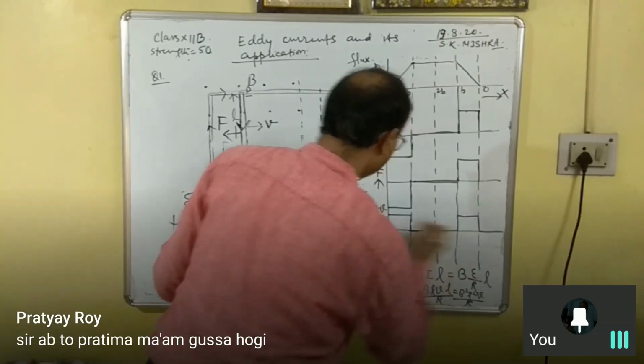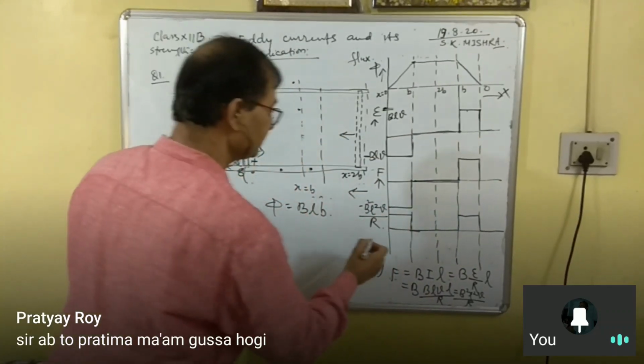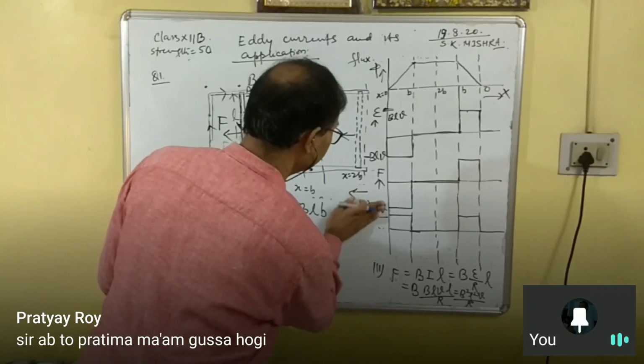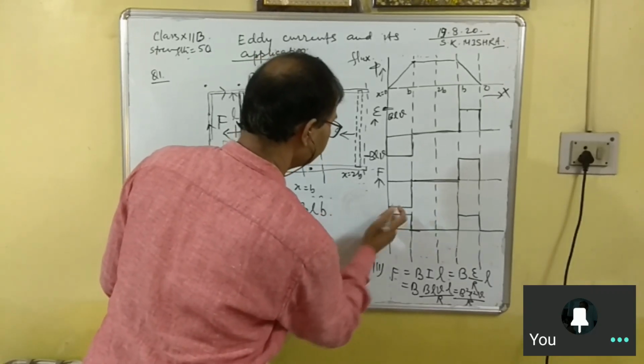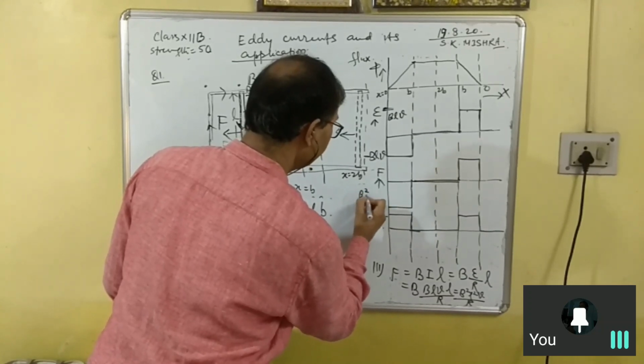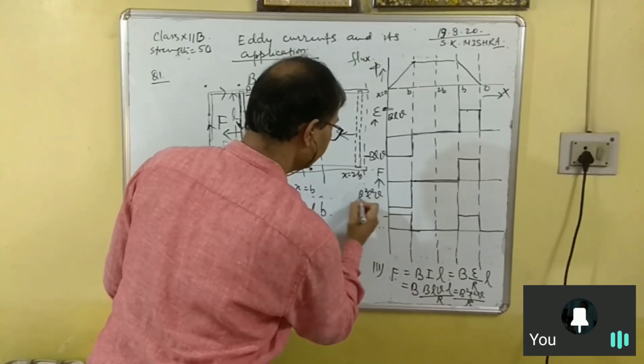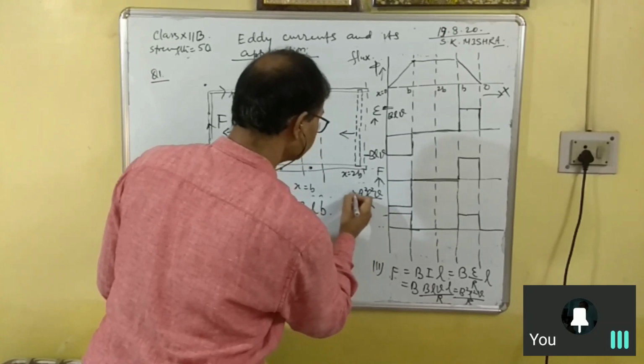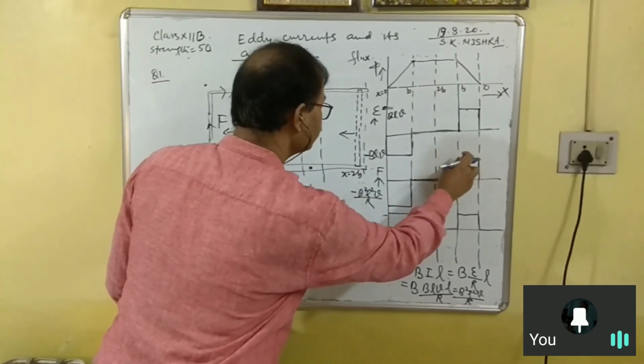So it is positive only. This part is positive. So how can I write this portion? I am writing for this force, B square L square V by R. This is force, negative value, and this is positive value.